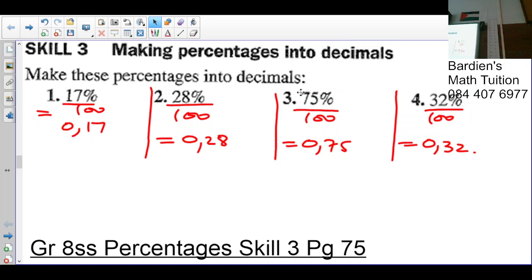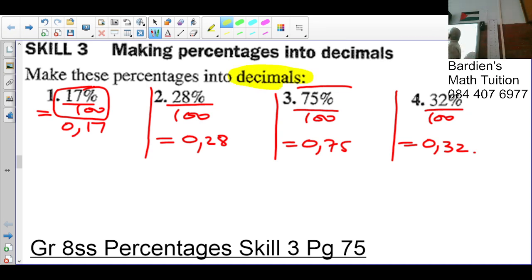Who can tell her why she's going to lose the mark if she leaves it like this? The question says, make the percentage into decimal. Oh, you're saying if you go from 17% and you get 0.17, full marks. Okay. Sorry, I thought it meant something else.